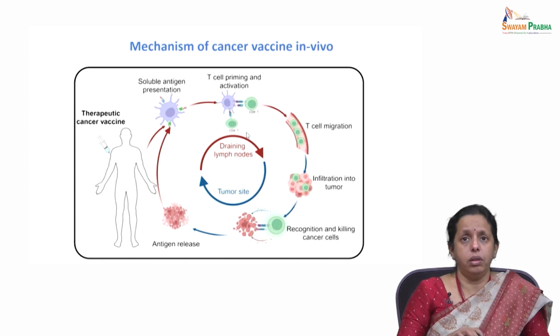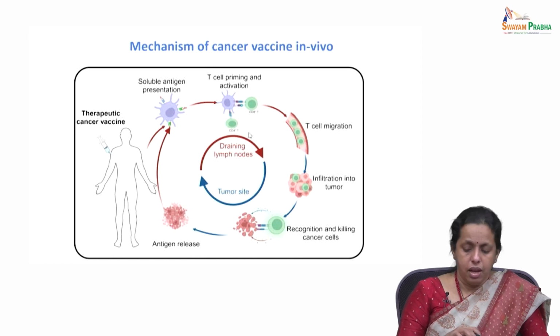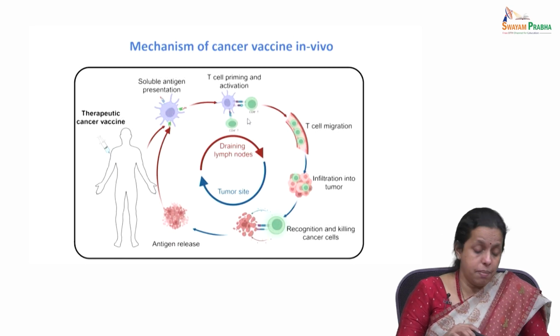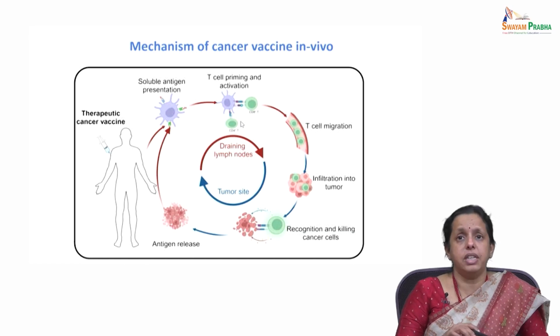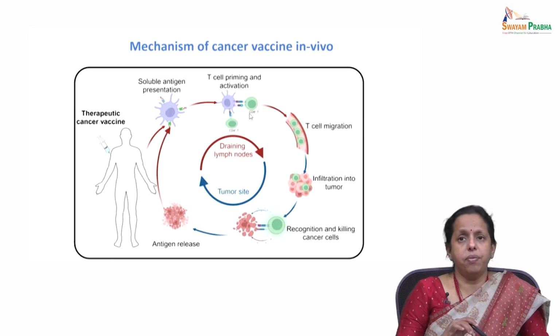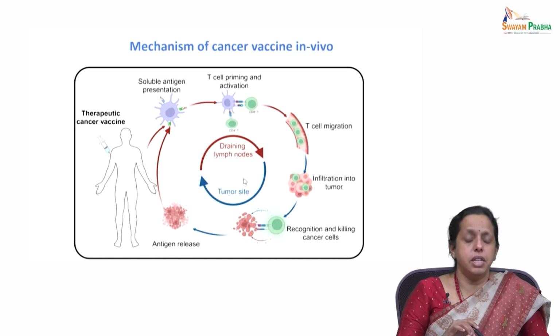Then the major histocompatibility complexes of your dendritic cells present antigens on their surface and engage antigen specific T cells by binding. This MHC complex will activate your antigen specific T cells by binding to the T cell receptors on the surface of the T cells, therefore safely, persistently and specifically destroying only tumor cells and inhibiting tumor growth.